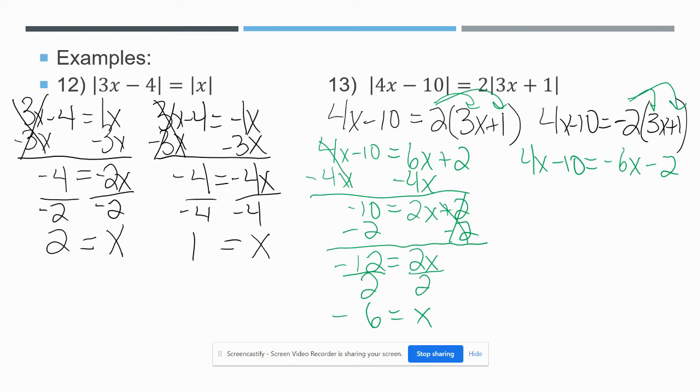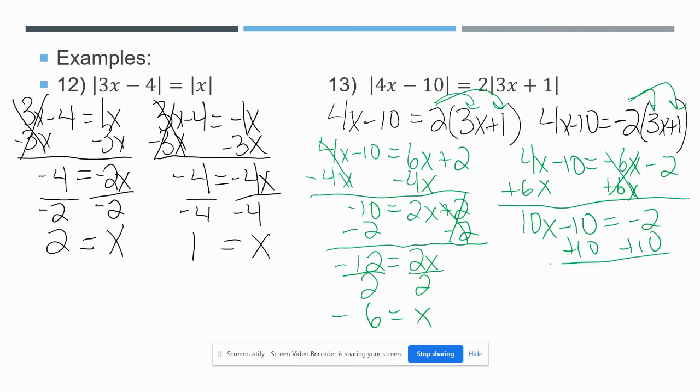For the equation over here on the right, I'm actually going to add the 6x over because the opposite of a negative 6x is a positive 6x. So 4 plus 6 is 10x. Bring down the minus 10. Our 6's add to 0, and it's equal to negative 2. Add 10 to the other side.